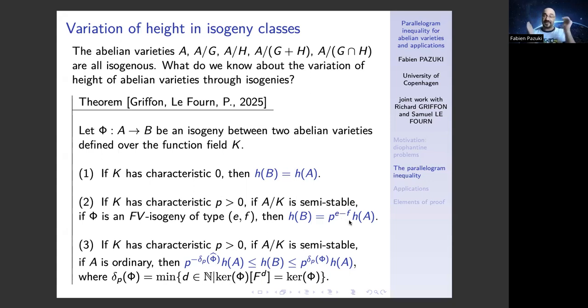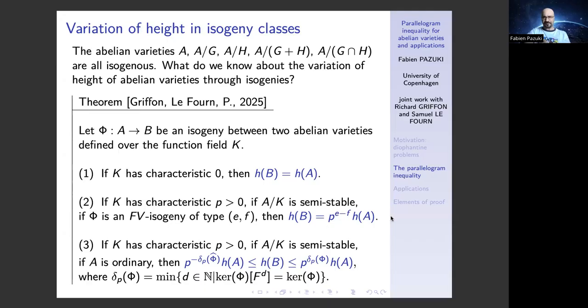There's some kind of cancellation of powers in a way. Okay, so where are we now? We know how the height varies in some isogeny classes. We have some varieties that are isogenous. We are interested in understanding if we can prove a parallelogram inequality in this setting. Not completely obvious because of this behavior.